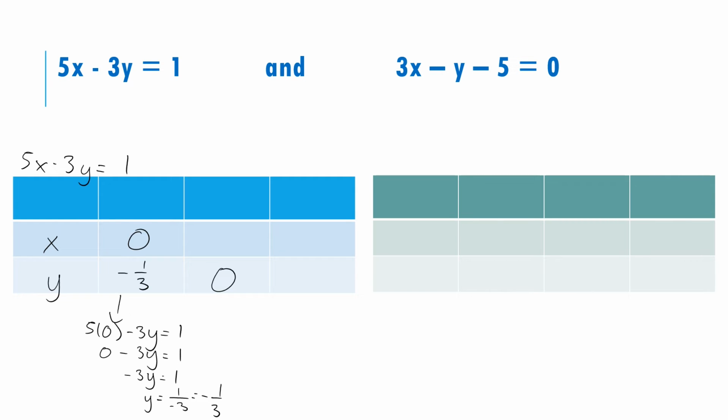Okay, if y is 0, what will happen with x? 5x minus 3y equals 1, so 5x minus 0 equals 1. X equals 1 per 5.